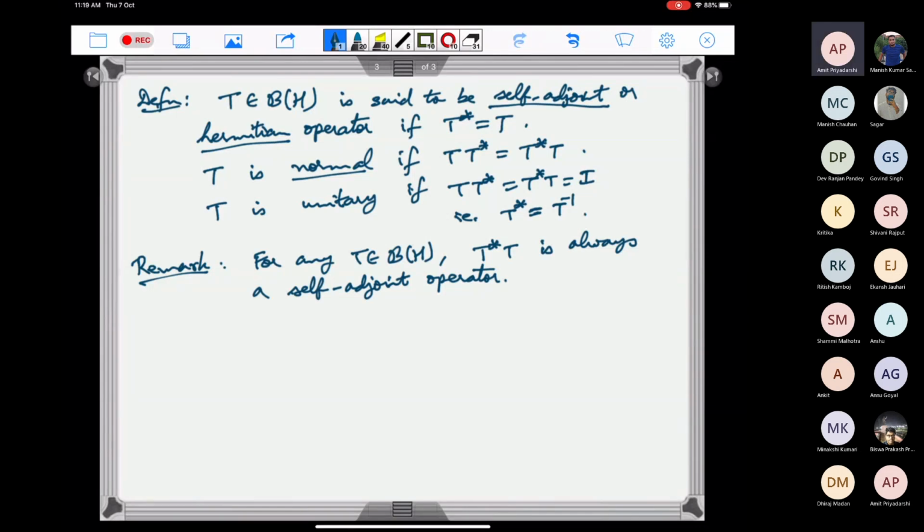Because its adjoint will be equal to T star T star star, which is the same as T star T. So T star T is always self-adjoint.